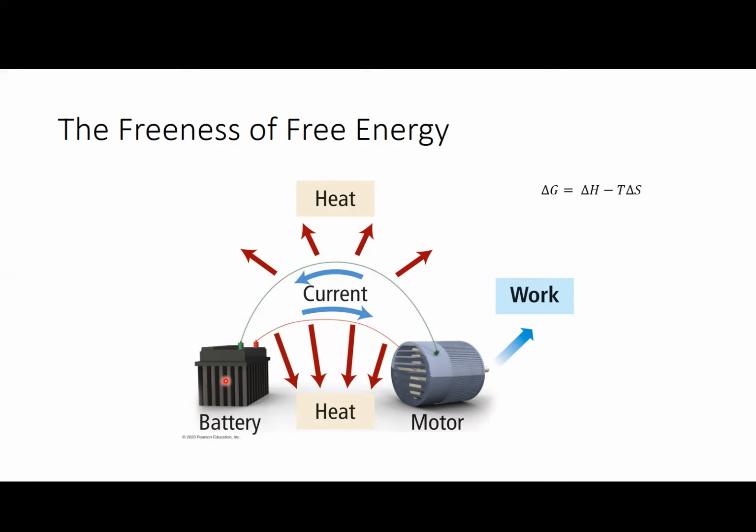It is not a free exchange in both directions, because in both directions, we're moving current through a wire. As that current goes through a wire, we end up losing a little bit of energy in the form of heat. And we can calculate the amount of energy that's lost, and that ends up being part of this thing here.